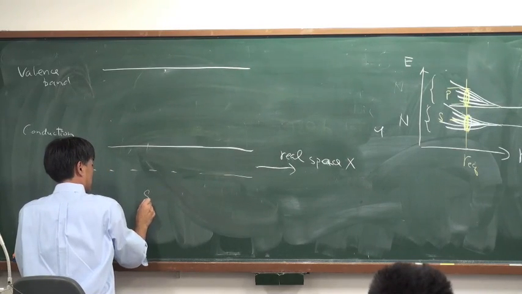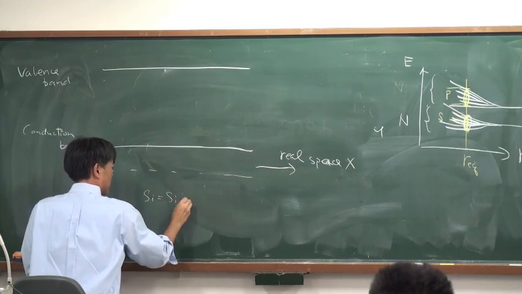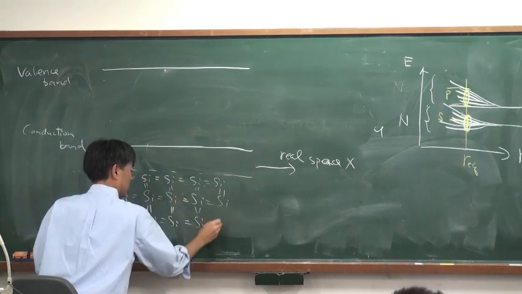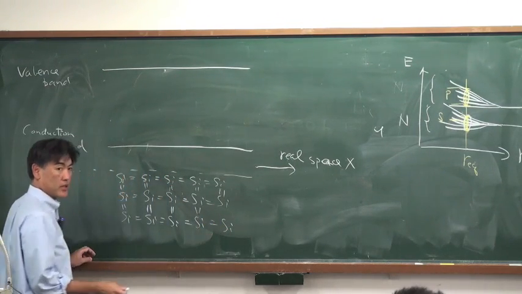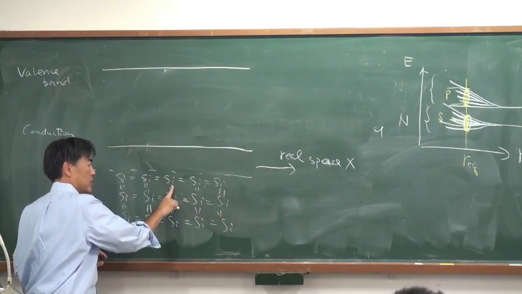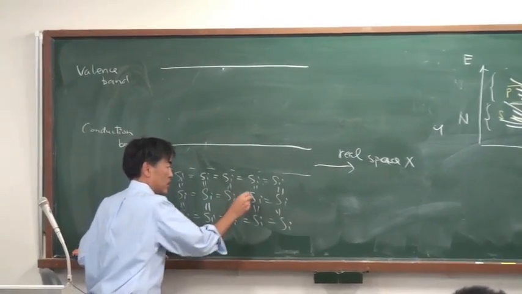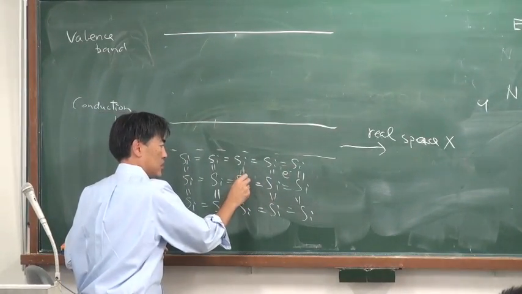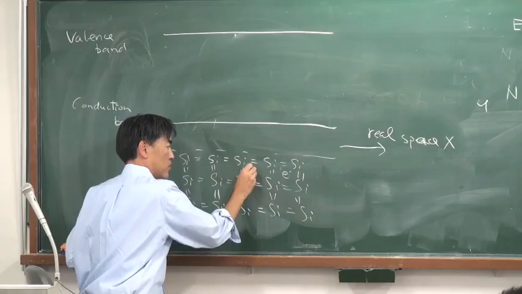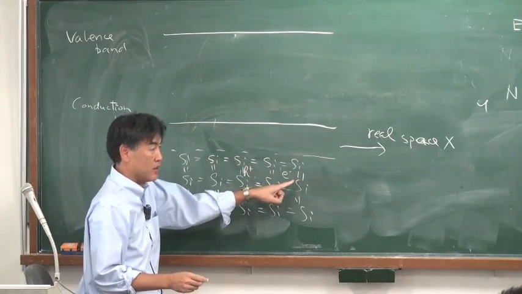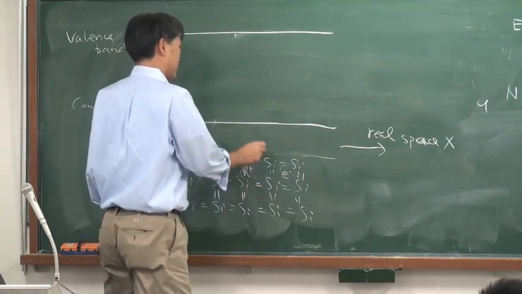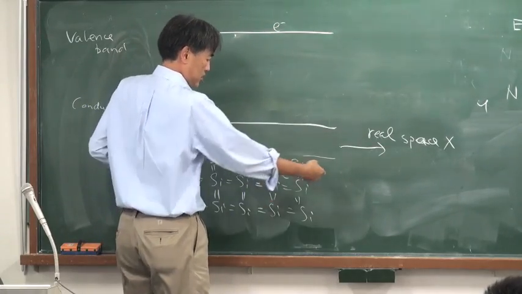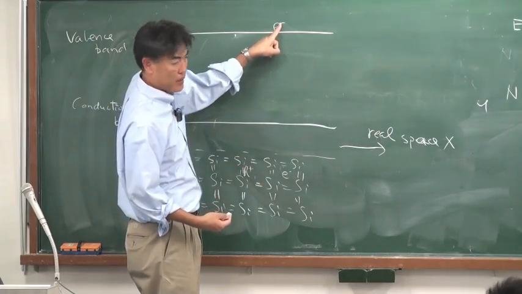So let's just say in real space, if I have a silicon crystal like this, and somewhere an electron is removed, so that there's a freely moving electron somewhere, and there's a freely moving hole somewhere, then what we draw here is that the electron is here, freely moving in this coordinate somewhere here.